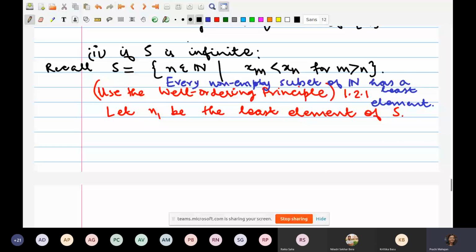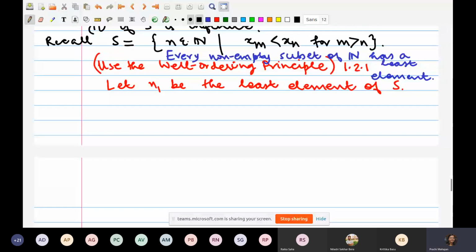Now you look at the set S minus n_1, right? You have the set S. n_1 is the least element of S, and I'm now looking at the set S minus n_1. This is again another infinite subset of natural numbers.